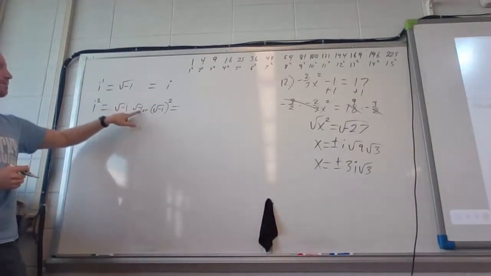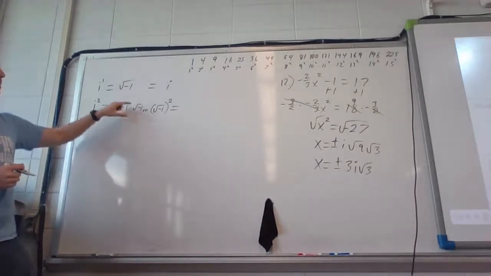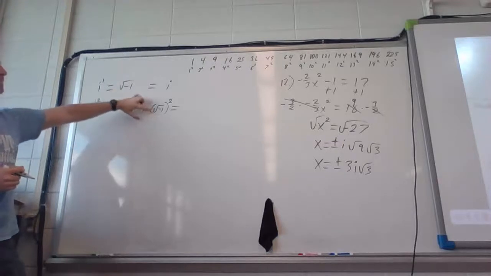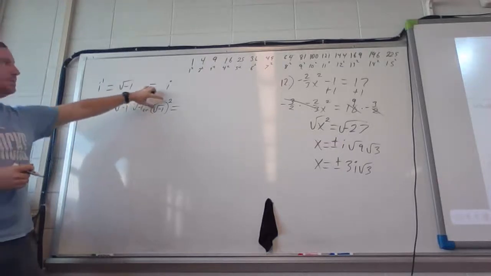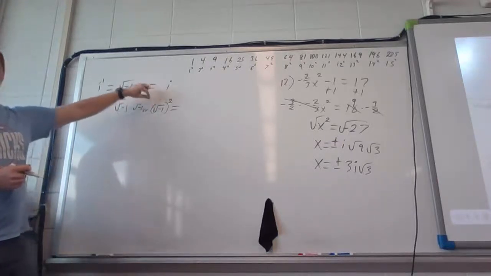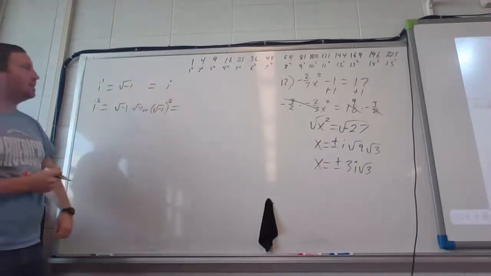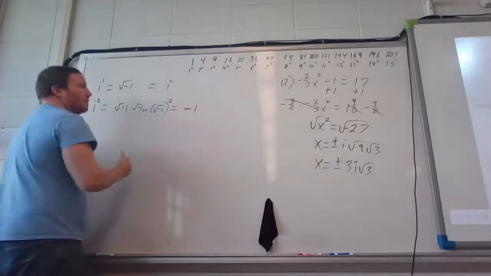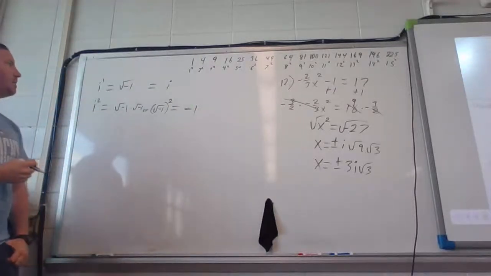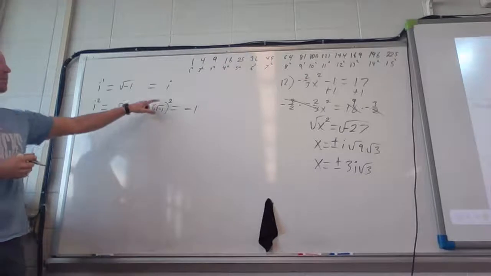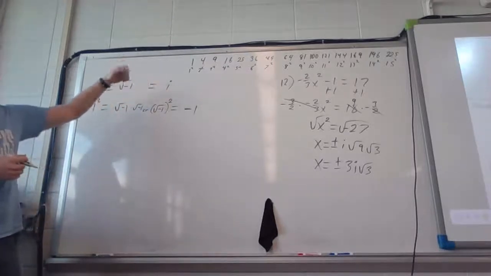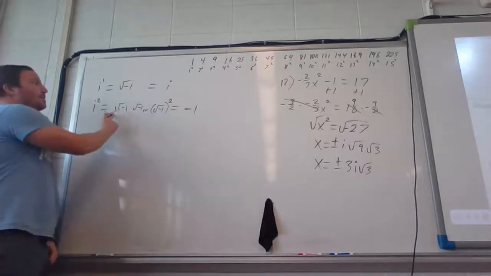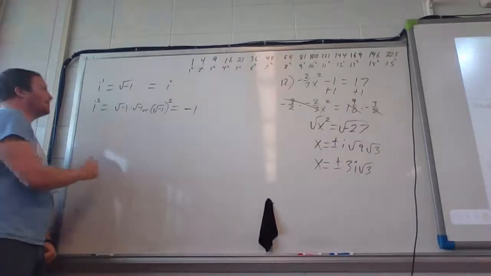So we have a negative 1 times a negative 1. Don't do that. So we have the square root squared. Those two things are opposites of each other. That gets you negative 1. Okay. So square root and the squared cancel each other out. You get that negative 1 value.